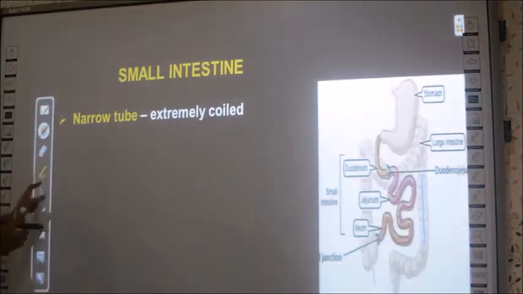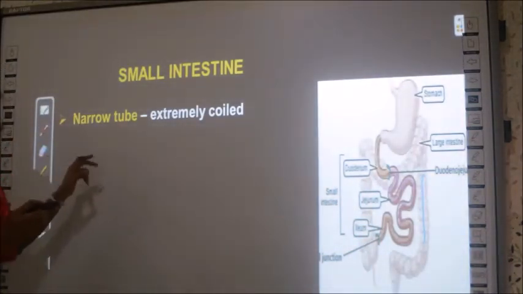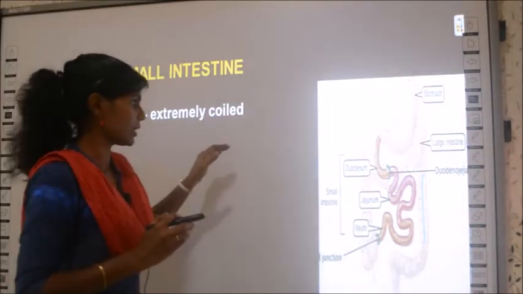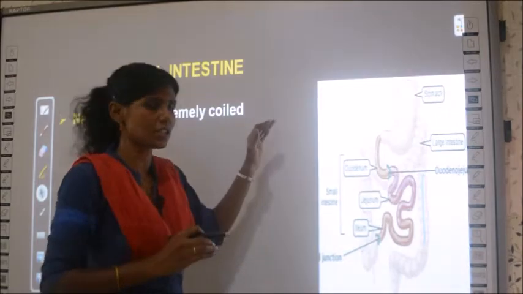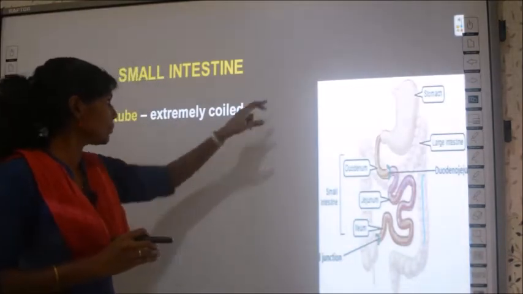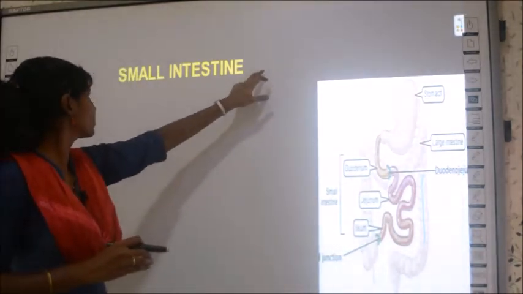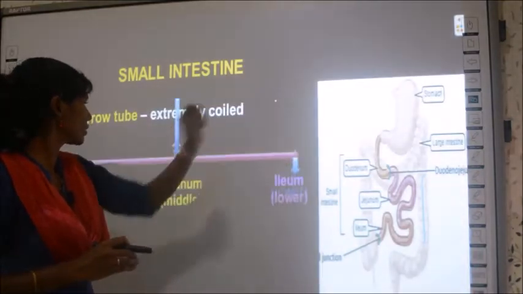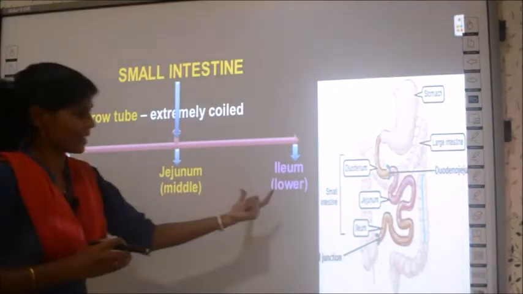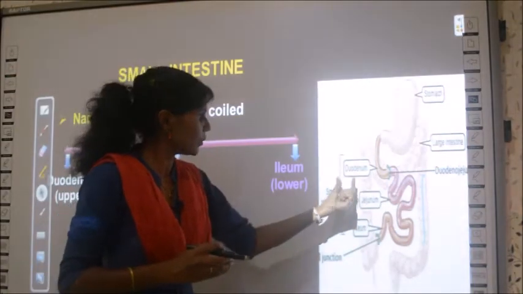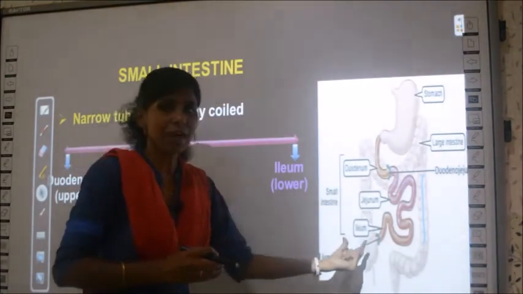Then we will see the types of small intestine, or the regions of small intestine. What are the three parts present in the small intestine? They are duodenum, jejunum and ileum.